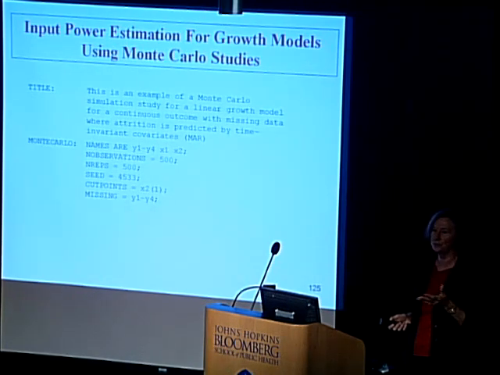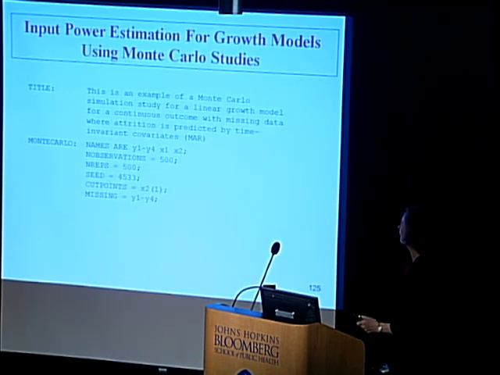Let's say it's a MIMIC model, or maybe it's a growth model. So find that, and then on the CD that comes with Mplus are Monte Carlo counterparts for each of the real data examples. And that's a good starting place. Then you can see how we set it up and what you need to do.